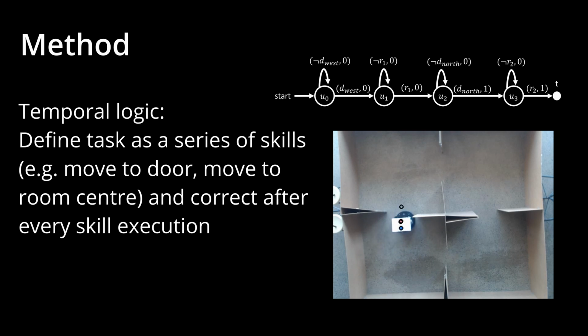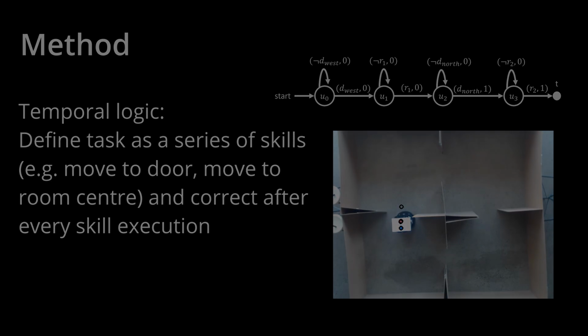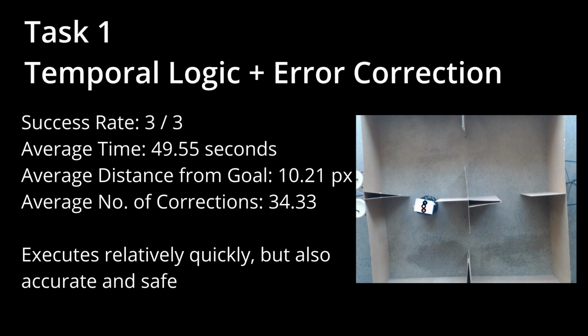These tasks create natural points after which error correction can be performed. Thus, the robot can correct at key points in a trajectory rather than after every single low-level action. In our experiments, this temporal logic approach with task-level error correction executes more quickly and with fewer corrections than before, while still maintaining high success rate and accuracy in position.